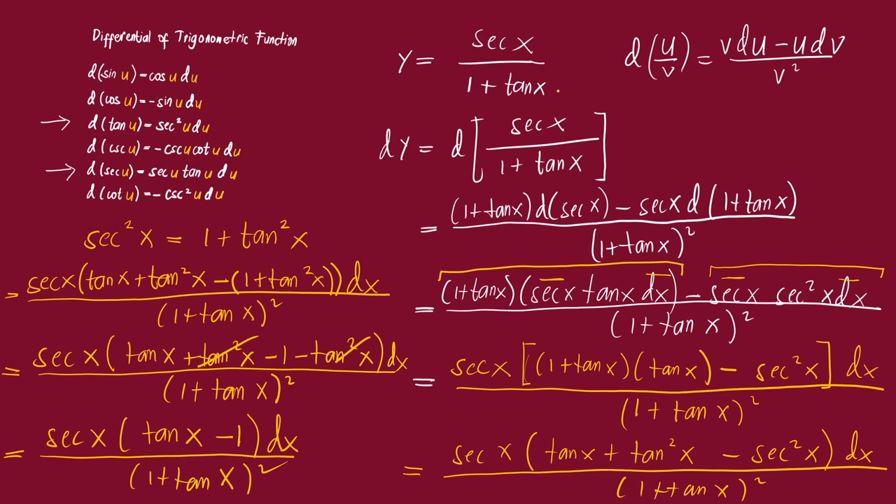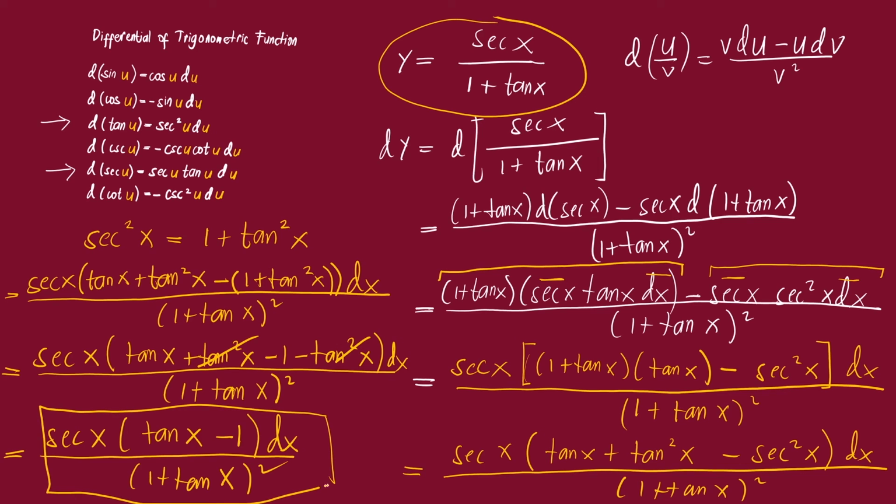The derivative of y equal to secant x all over 1 plus tangent x is this one. This is our final answer. So this is how you apply the differential of trigonometric functions. It doesn't necessarily mean that you will automatically use the formula.